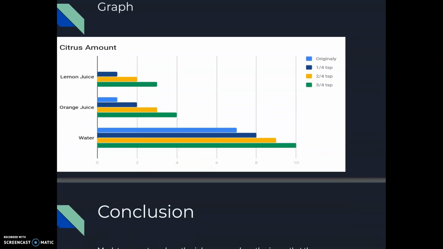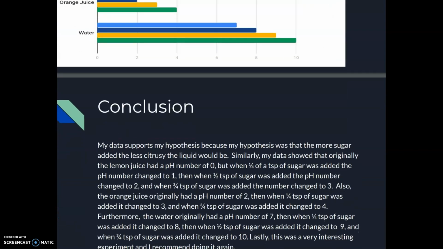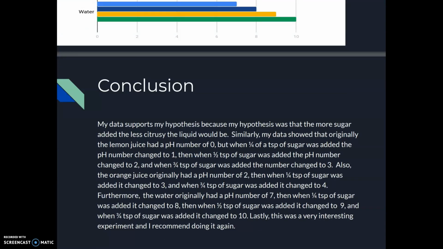Turned into a graph. We always love those graphs. And the conclusion. Her conclusion does support her hypothesis. So the data supports the hypothesis because the hypothesis was that the more sugar added, the less citrusy the water would be. Okay, so I am going to have you read through this.